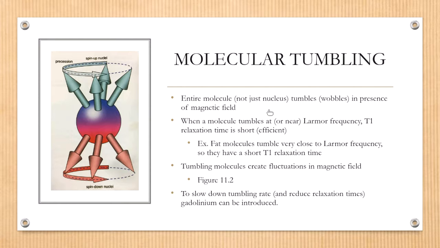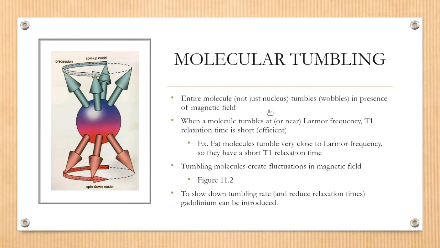When it is aligned parallel with the magnetic field, it is adding to the total magnetic field. When it is aligned anti-parallel, it is subtracting from it. Now, when the molecules are perpendicular, they are not adding or subtracting. So what is this saying? It's telling us that the molecular tumbling rate, and therefore the molecular position against the main magnetic field, can either add to or subtract from the magnetic field.